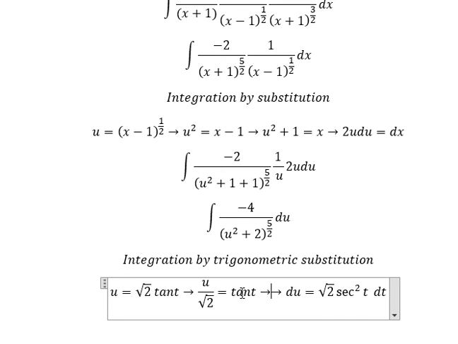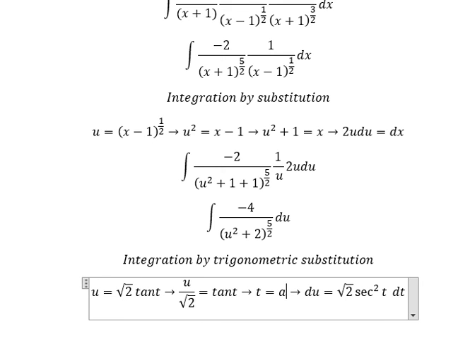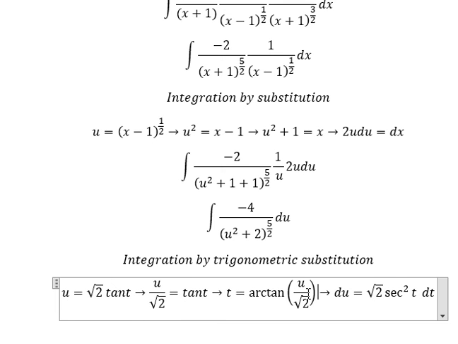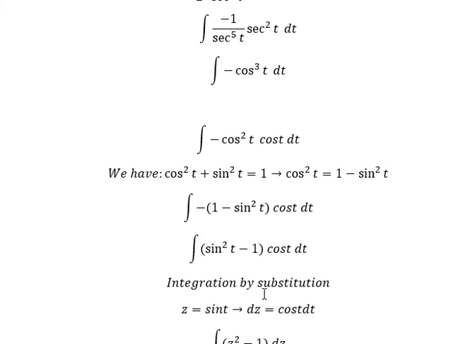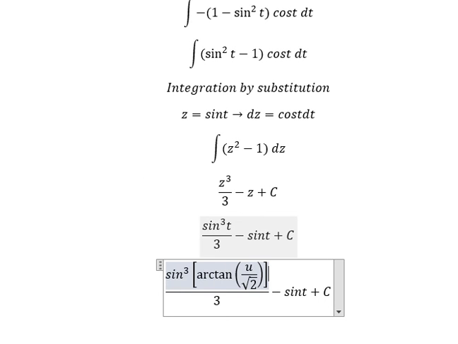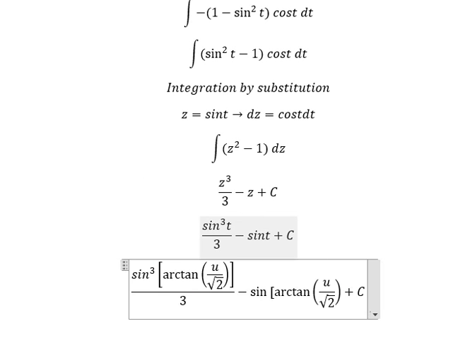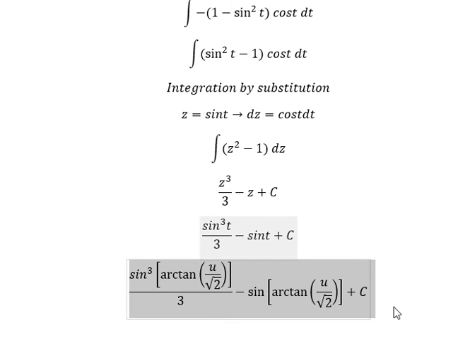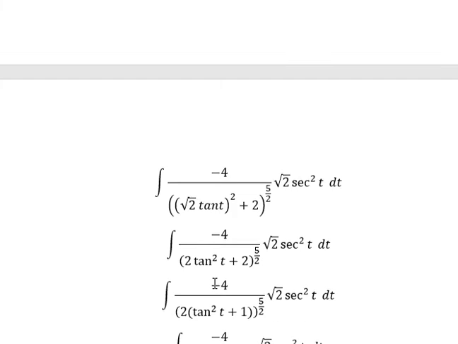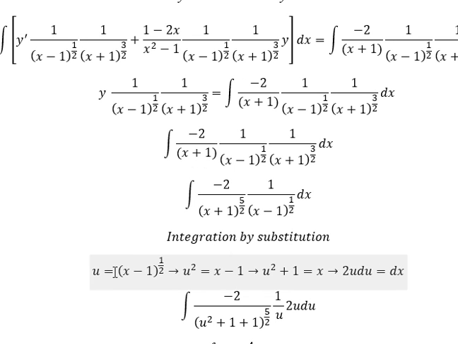So we have t equals to arctan of u over the square root of number 2. So I need to put this one to replace for t. So about u, that is this one.